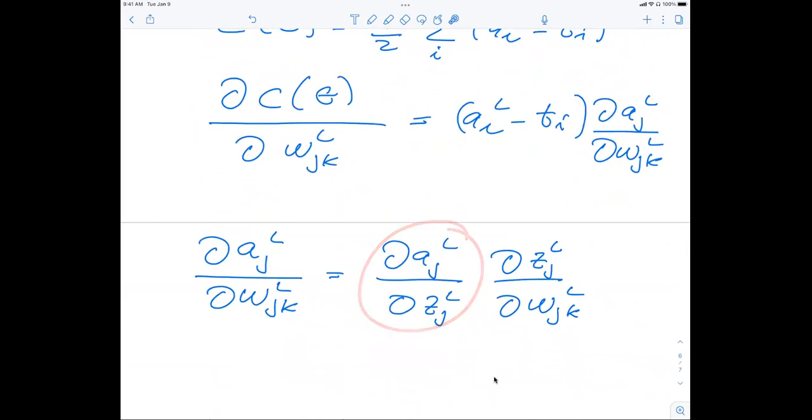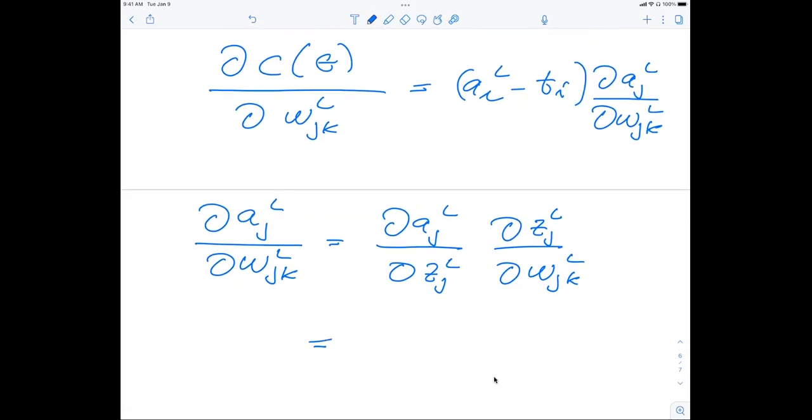So that is known. Now, this quantity here is also a quantity which we calculated when we set up the first equation here. So let us quickly remind ourselves what that looks like when we plug it in. This will be given by aj of L times 1 minus aj of L. This is for the sigmoid function. And then if I pick up this term, this is given by ak of L minus 1.